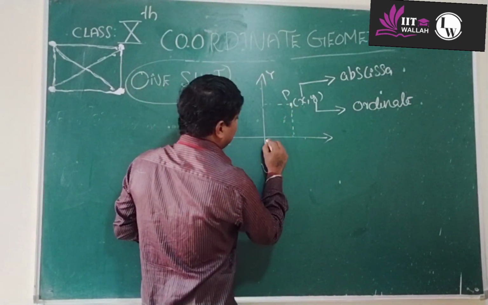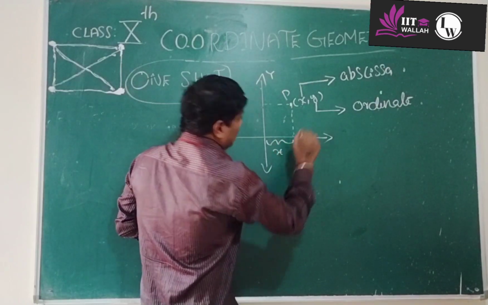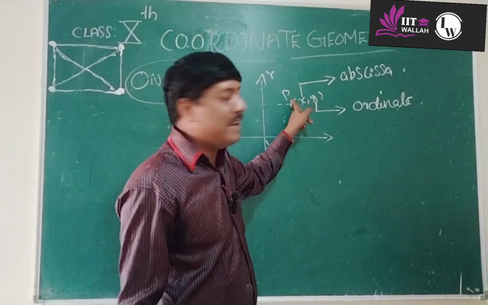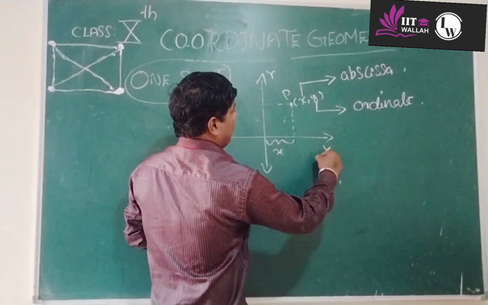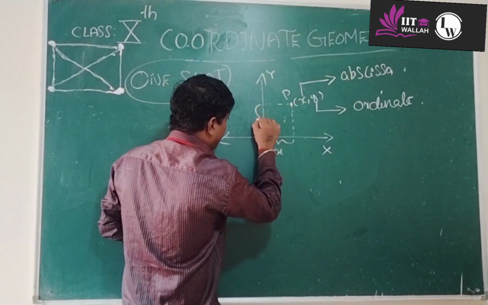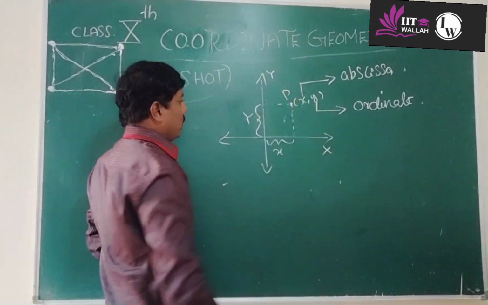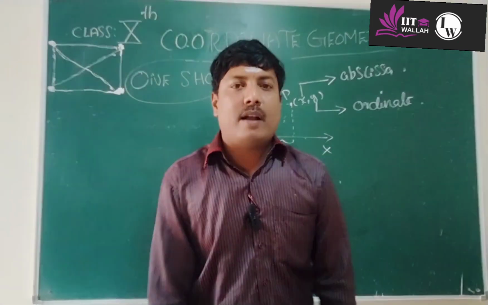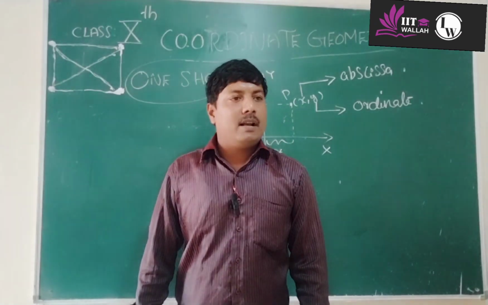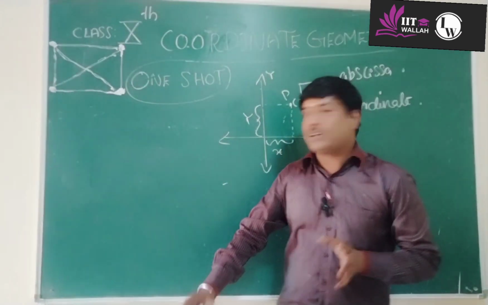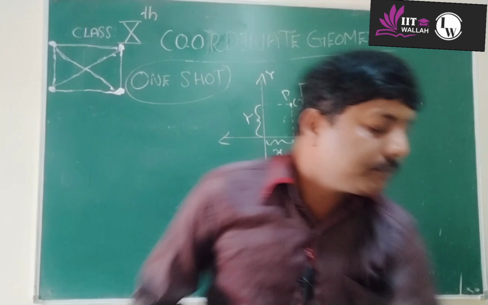This is x. And the y coordinate of P is the distance of P from the x-axis. This is y. This basic thing you need to understand very clearly. Then only we can deal with this chapter. Clear? You understood all of these things?